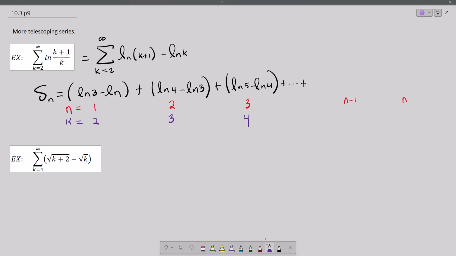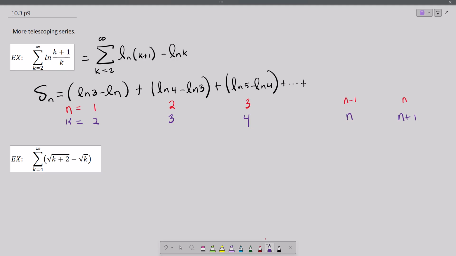So we add 1 to this to get the k value that we plug in to get the n minus first term. We do the same thing over here. We add 1, and that's the k value that we substitute in to get the n minus first term and the nth term. Plug in those corresponding k values.